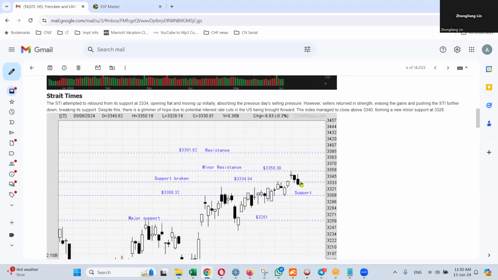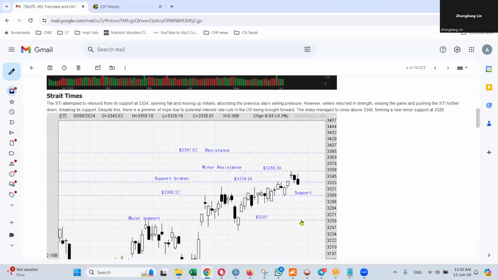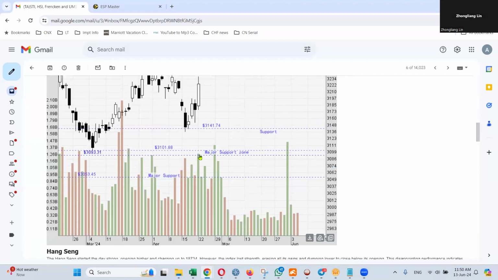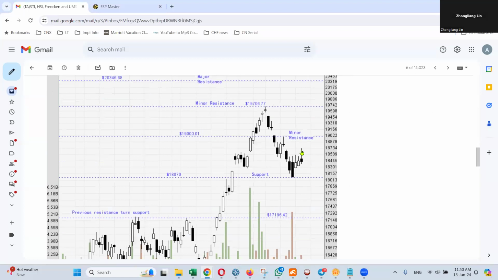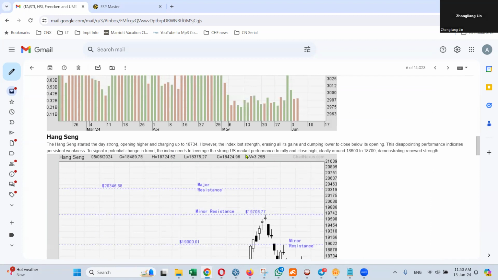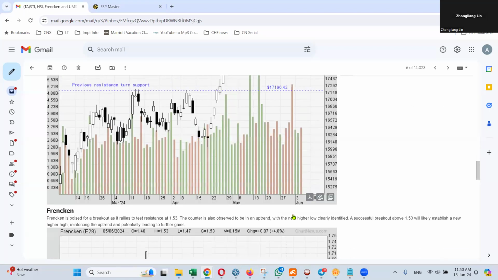So unless it can rebound immediately, like S&P 500 over here, it may not reach 3391. Then we see Hang Seng, the weak rebound over there, long upper shadow, again a bearish signal, bearish sentiment. We are looking at the stocks potentially going lower, persistent weakness over there.